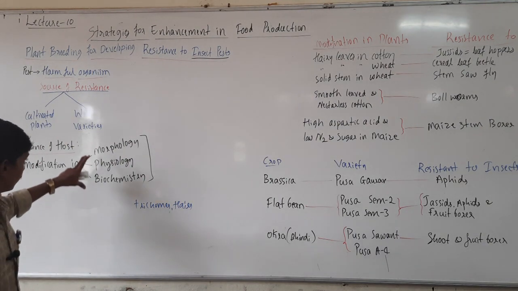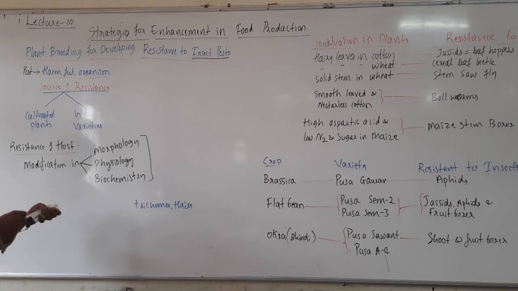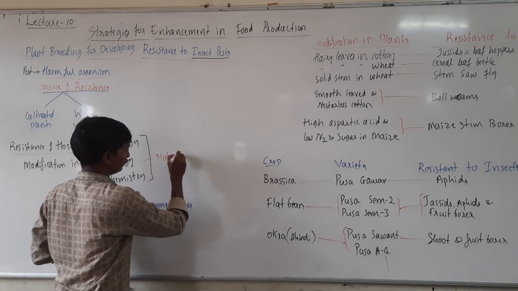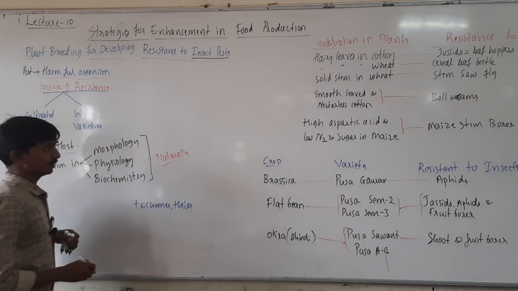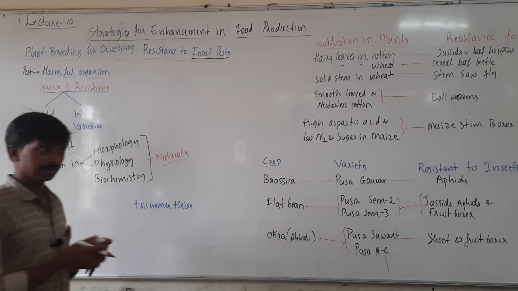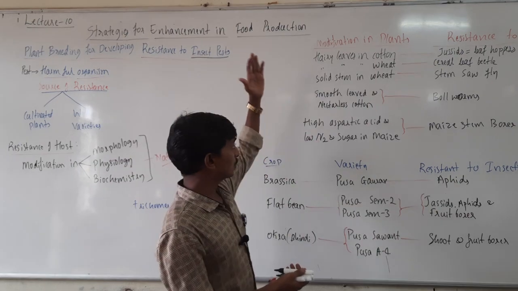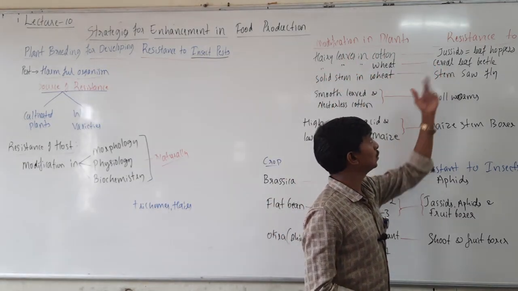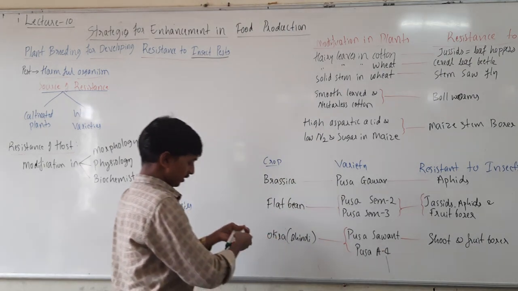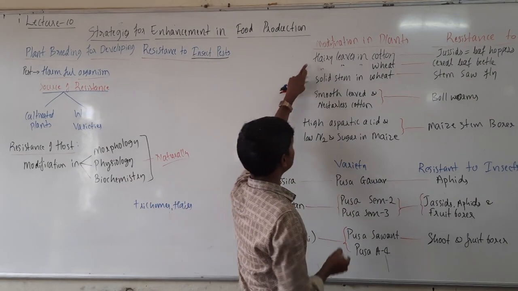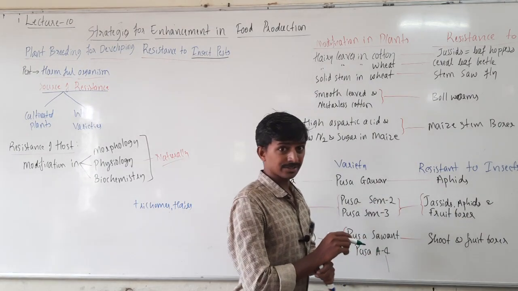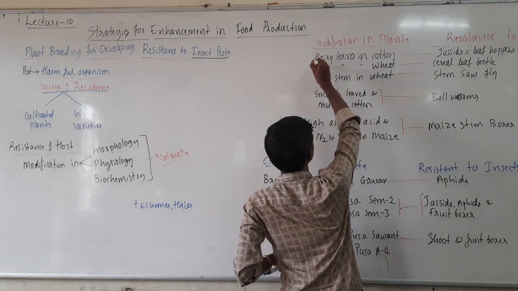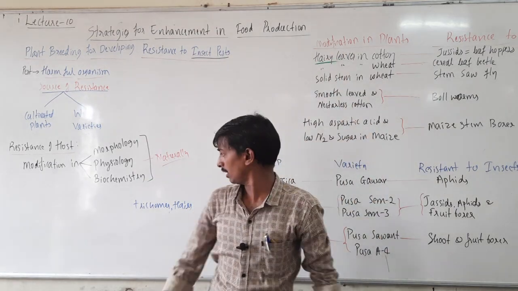Firstly, we can see the morphological modifications, which are naturally modified. Because of those modifications, the plants are resistant to these insects. Firstly, we have hairy leaves in cotton, which means on the surface of the leaf in cotton there are small hair-like structures, which we call trichomes.